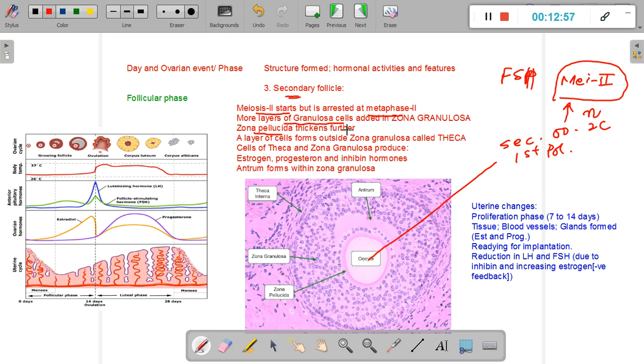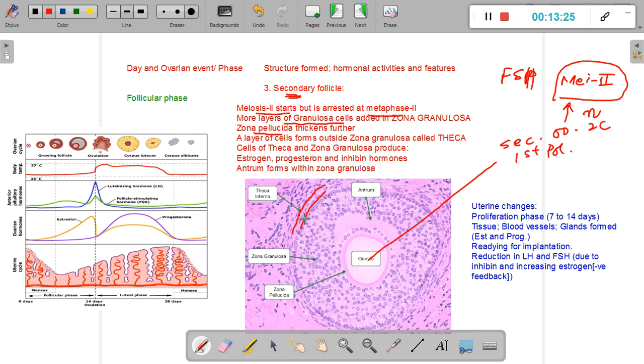Now the zona pellucida is further thickening. There are a large number of granulosa cells. Now a layer of cells on the outside is also formed. A new layer is formed in the secondary follicle. In the next stage, what is happening? There is this layer of cells, spanning here. Let me just rub it and redo it. The layer of cells that we are talking about is this layer here.